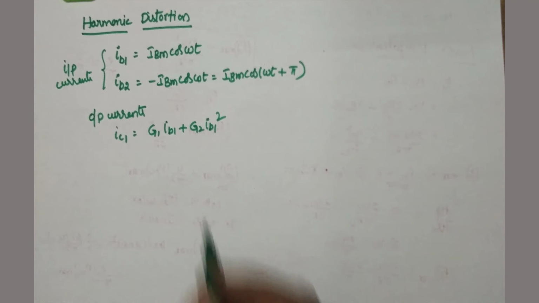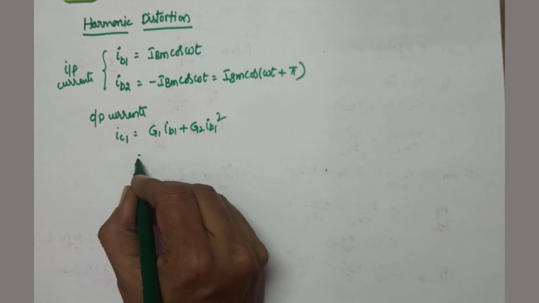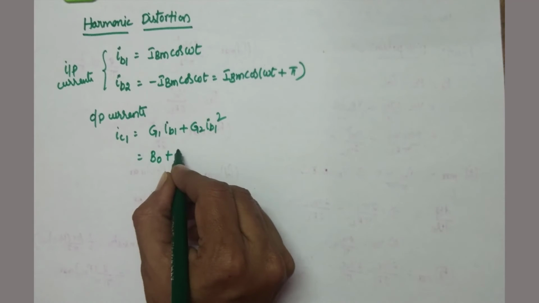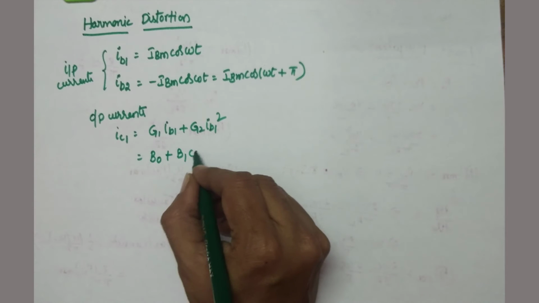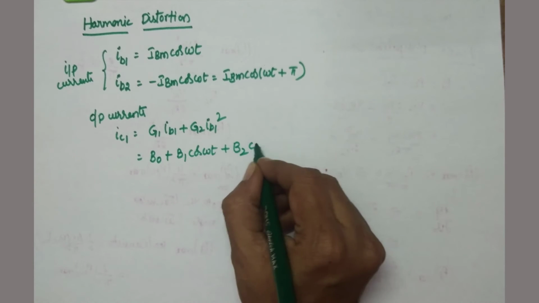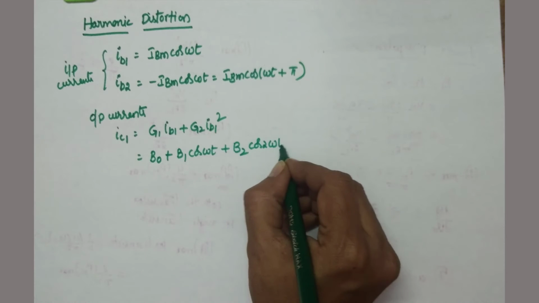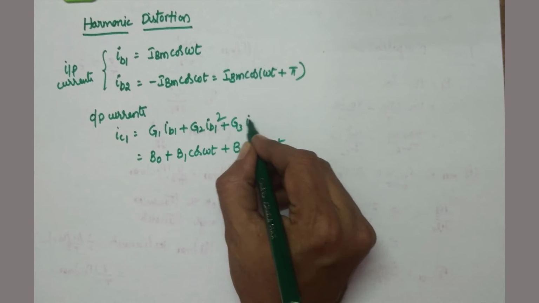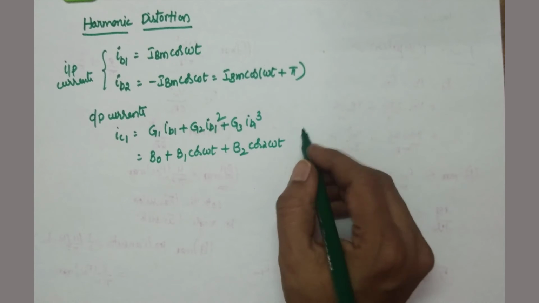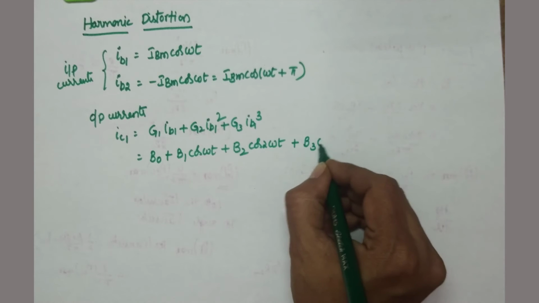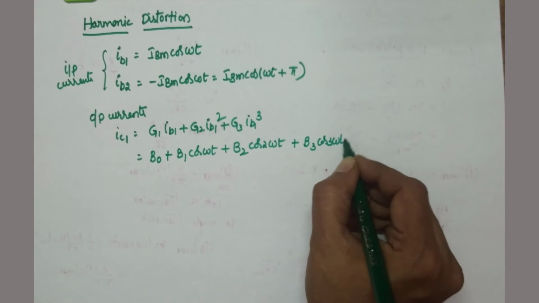So if you substitute, I'll get the form B0 plus B1 cos omega t plus B2 cos 2 omega t. If you add another term G3 IB1 cube, you are going to get some B3 cos 3 omega t plus etc.